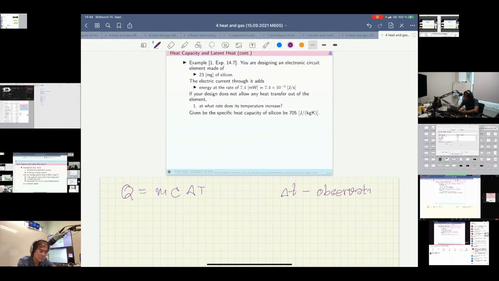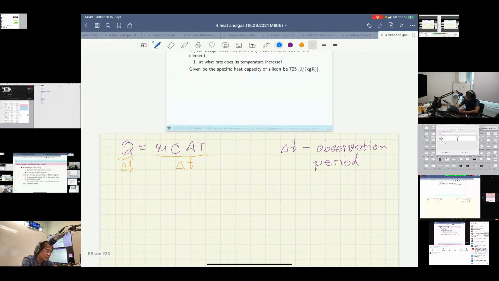Observation period. All right, you divide by delta t. And what you get will be Q by delta t, and M and C, and delta t divided by delta t again, right here.